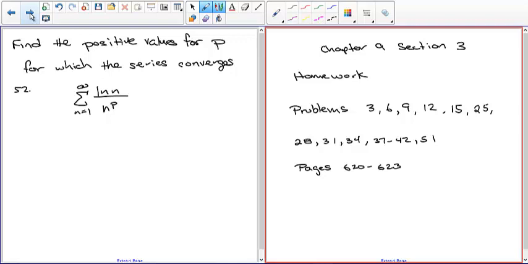Because it kind of looks like the one we just did when we were looking at the integral test. I don't think this is an integral test question. Because we did the same problem where p was squared, right? P was 2. If we look back at the problem that we did just a little while ago, I'll come back to this in a second in case you haven't got them all written down yet.